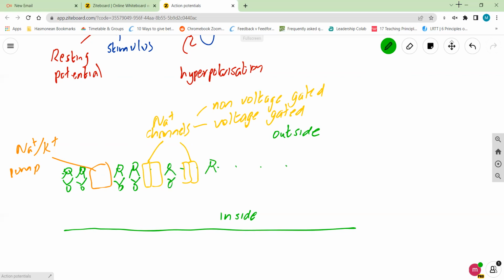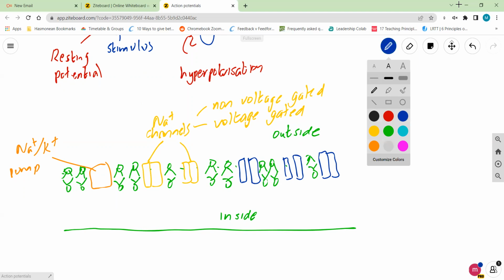And then we also have some potassium channels, which I'm going to leave some of them as open. We're going to need them to be open. And we also have some that are closed. Just put in my phospholipids between them.